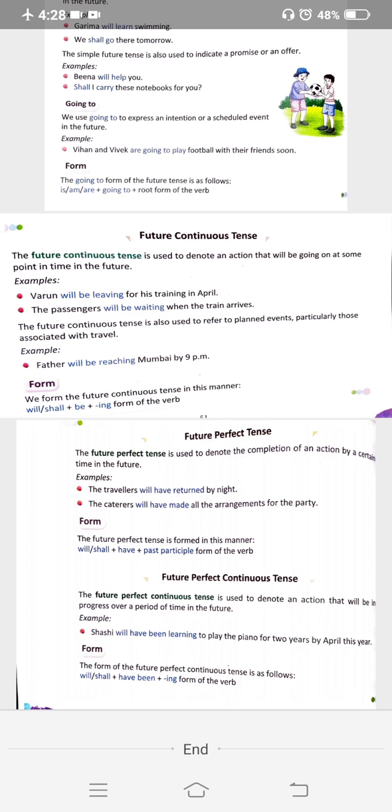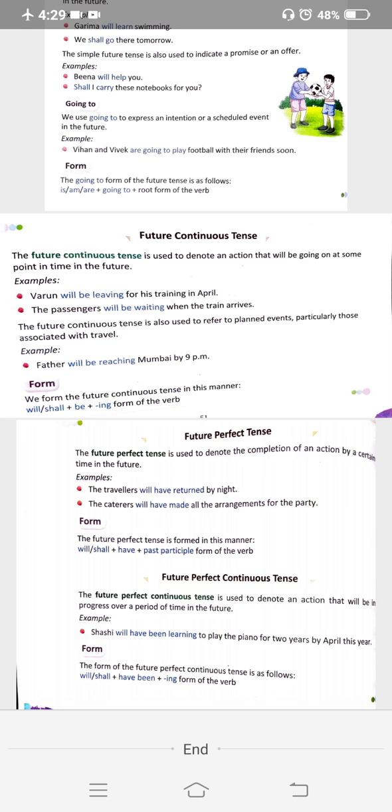So what form do we use for the future continuous tense? For this students, we use will/shall plus be plus the ing form of the verb. As I told you in the simple future tense, nowadays most of the time we only use will. Preference is mostly given to the word will.